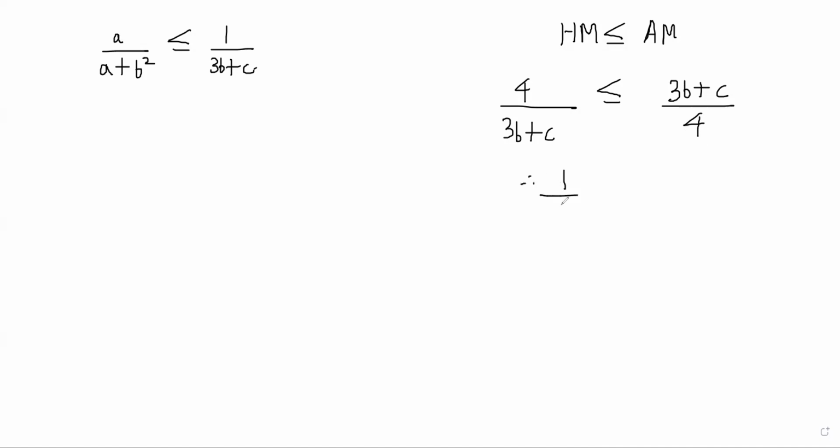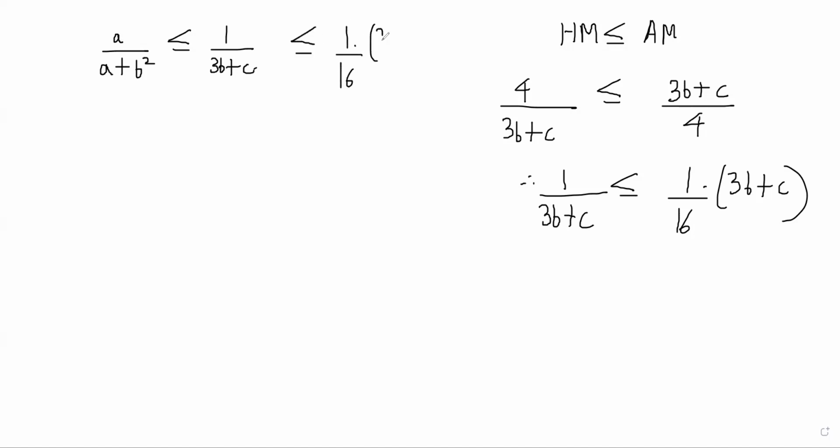So therefore, 1 by (3B plus C) is less than or equal to 1 by 16 times (3 by B plus 1 by C), right? So we can say this, 1 by 16 times (3 by B plus 1 by C). Right. So we will get similar inequalities here.